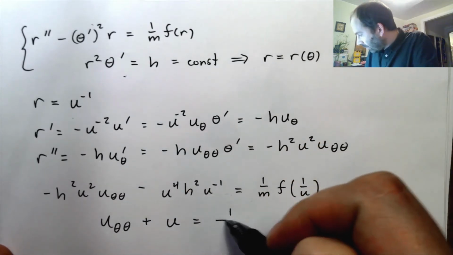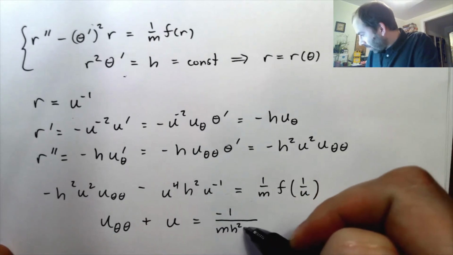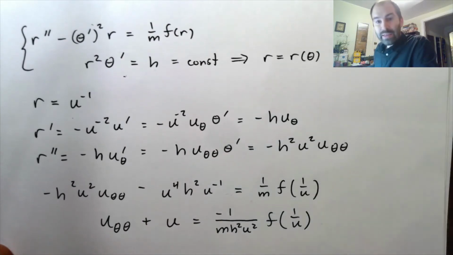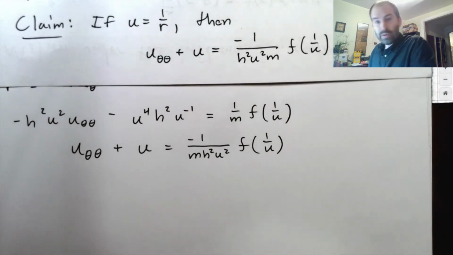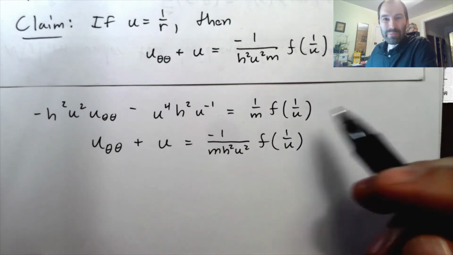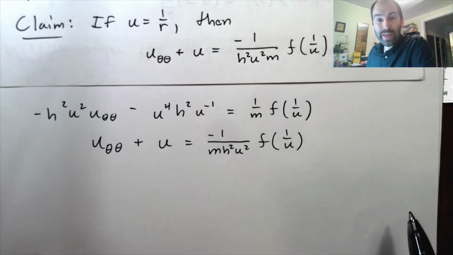I think we've achieved our goal here. I just got the h and the u squared switched around, but yep, that's exactly what we were after. So great, we've proven that claim.